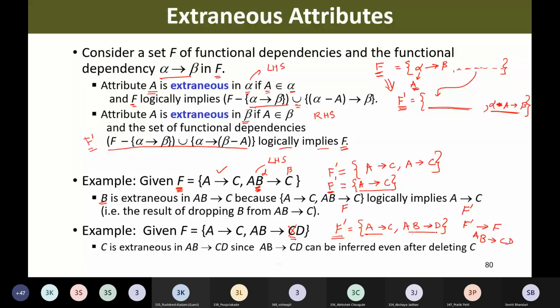Use Armstrong's axioms, those we have seen earlier. Can we infer AB to CD from these two dependencies in our F dash?